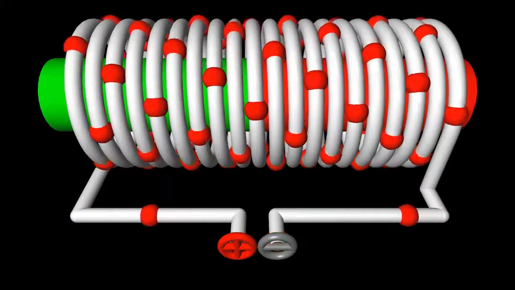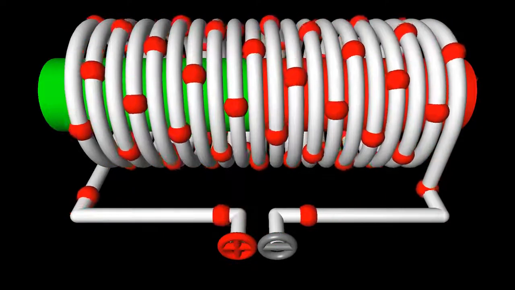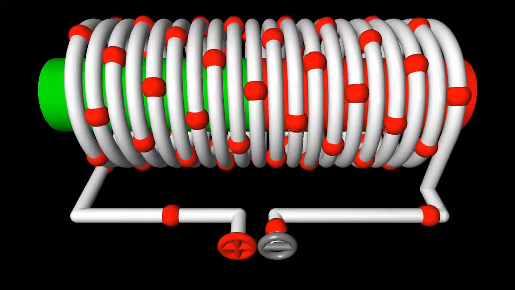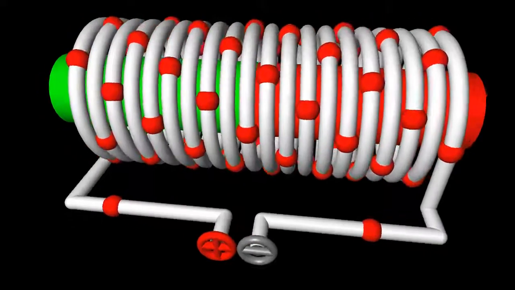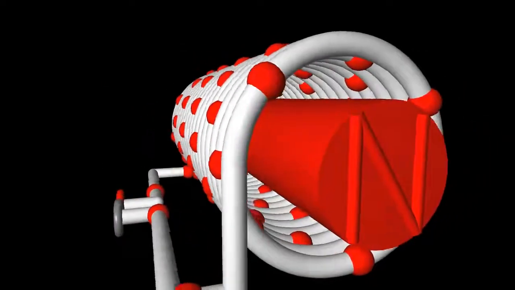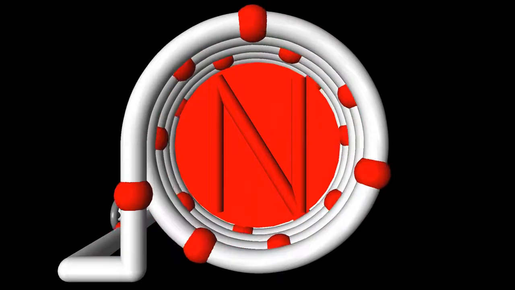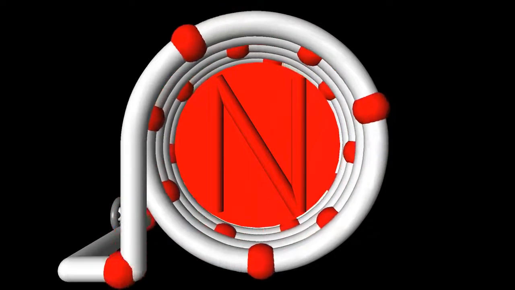When swapping the polarity of the voltage source, the positive terminal is now located on the left, and the flow of positive charges changes direction. Now, the magnetic north pole is at the right side of the solenoid, the current rotates counterclockwise at that end.